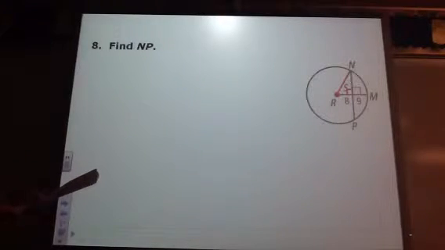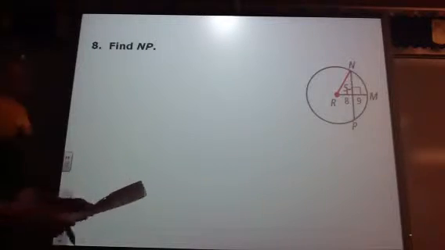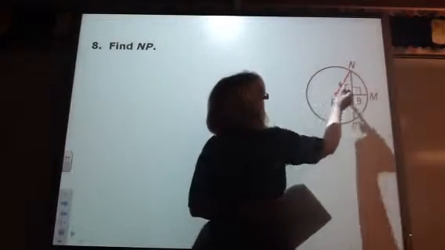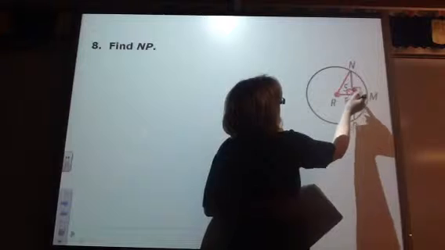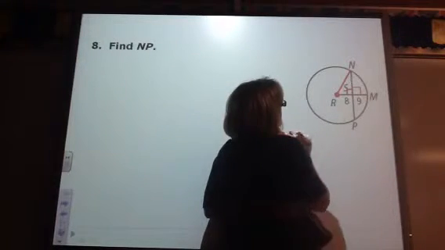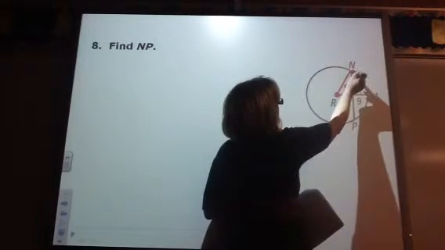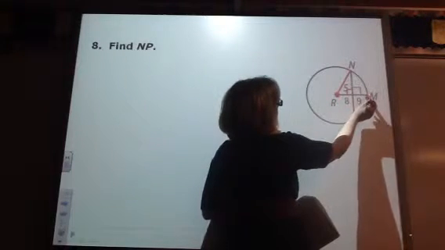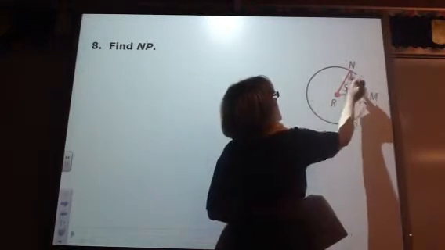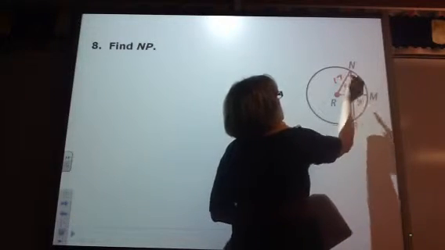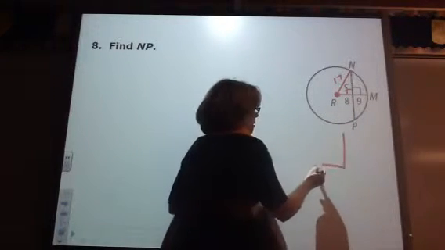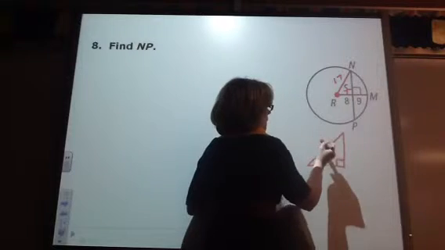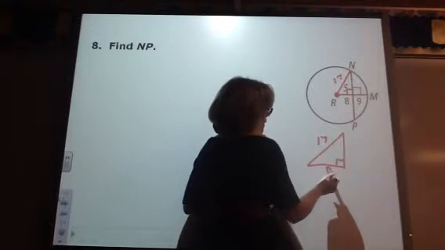What I can do here is make this triangle, make this a right angle, okay? This is center to the side, not drawn to scale, of course. 8 plus 9 is 17, so then this here is also 17. So I'll redraw that triangle: I have 17 and I have 8.